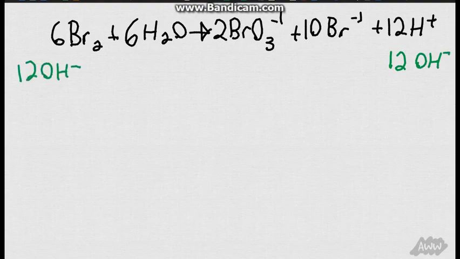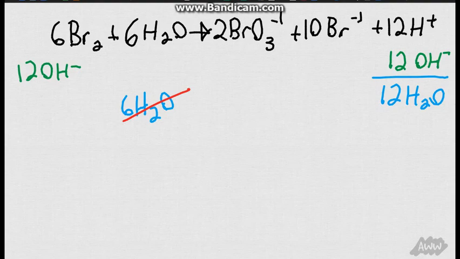Now what that's going to do is it's going to convert all of these hydrogens plus hydroxides into waters. And over here we have 6 waters. So you can go ahead and cancel those waters out with each other. So for example, this would turn into 0 waters and this would turn into 6 waters.